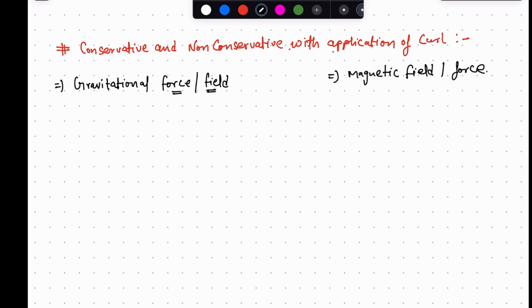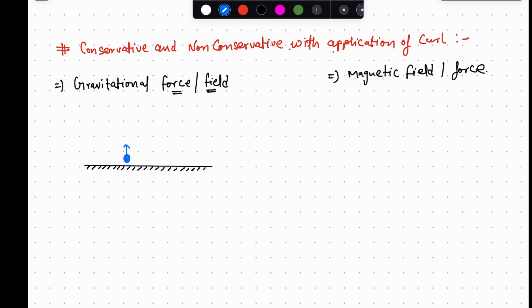So let's do an experiment and try to find out what will happen in the gravitational force. Let's suppose you are on the ground on the earth, and you throw a ball or a coin in the upward direction with certain velocity in ideal conditions. When I say ideal condition, it means no other force than the gravity.